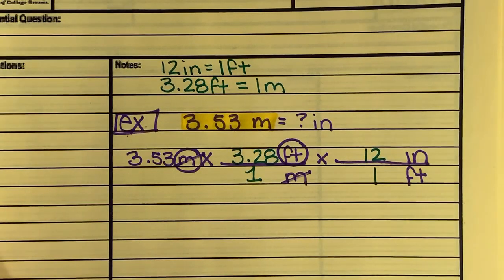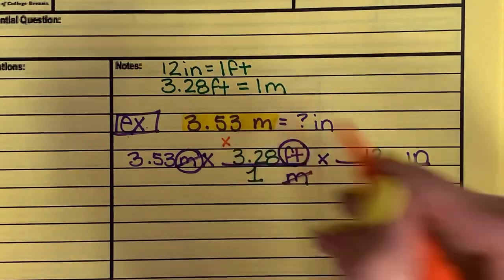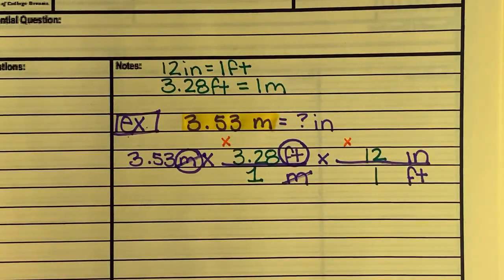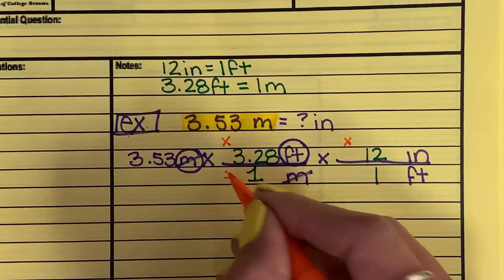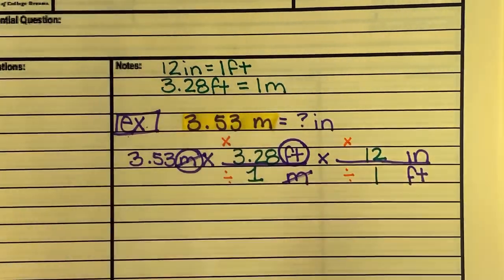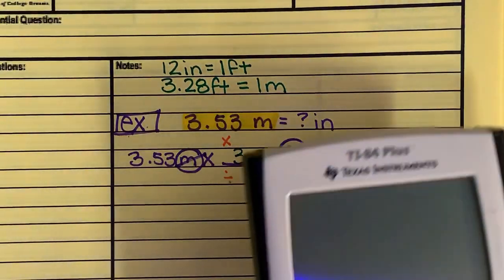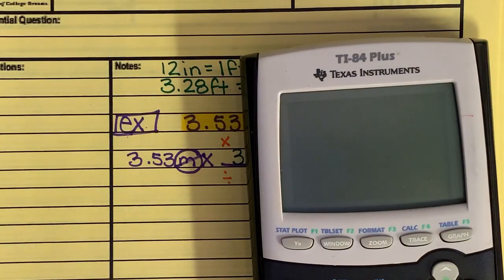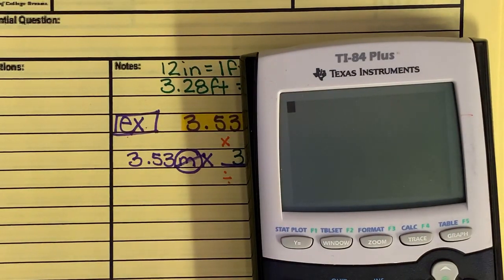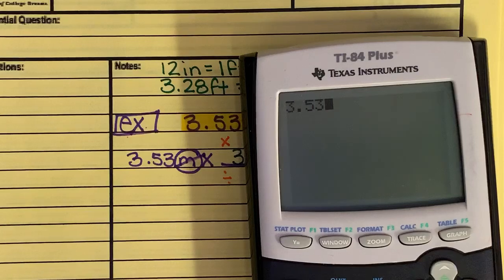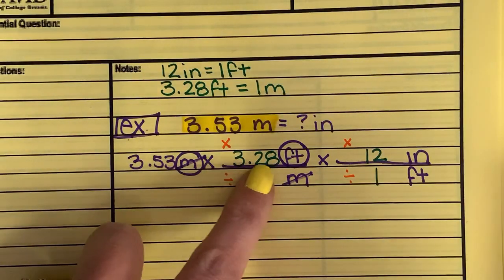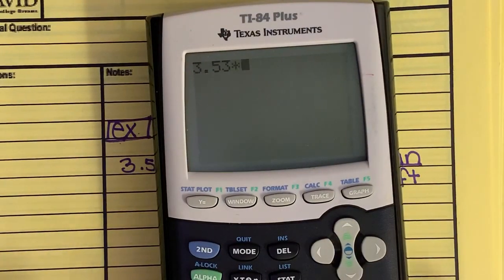Now when I put this into my calculator, I'm going to do each step just like I did before. If the number's on top, I multiply. If the number's on bottom, I divide. So when I put this into my calculator, I've got 3.53 times 3.28.